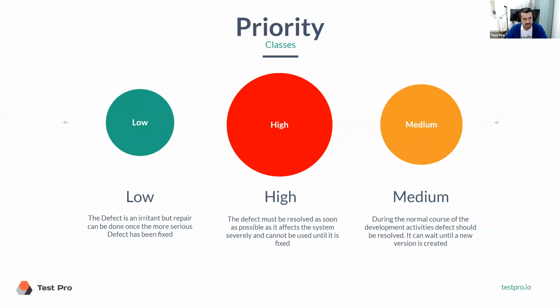Because you can have a whole bunch of low priority defects, but as you start working on them, you get a high or medium priority one. So you forget about the low priority and jump on the highest priority defects, and then you fix them, and you never have time to fix those low priority ones because they're less important, right?